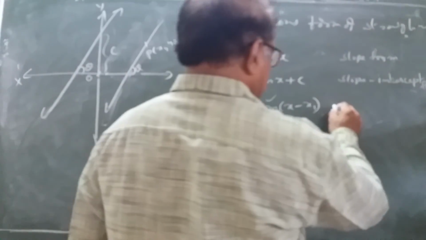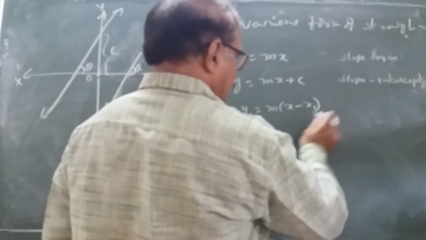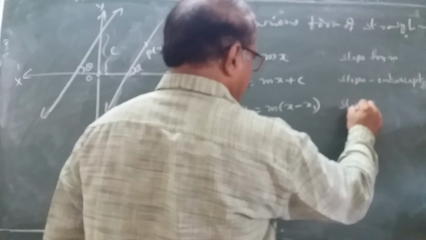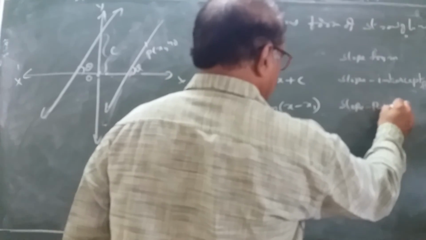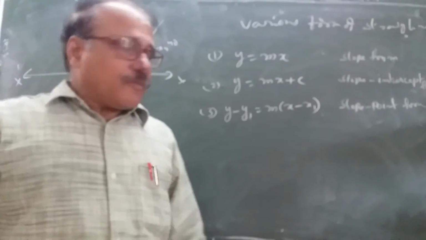Then this is the equation of this line. The name of this form is slope point form. Here m denotes the slope and (x1, y1) denotes a point.